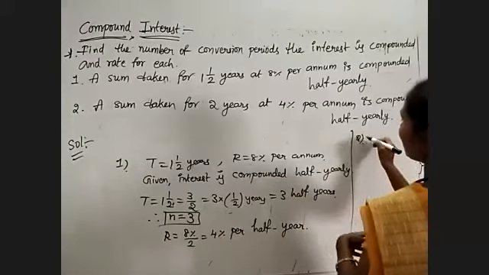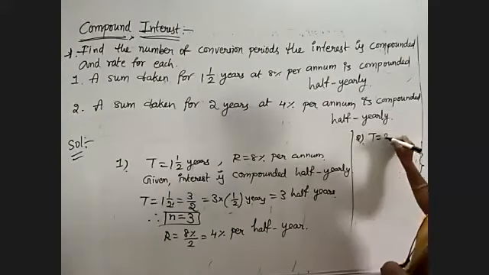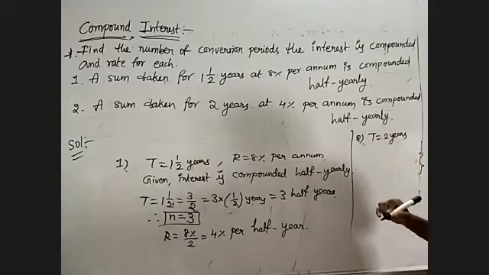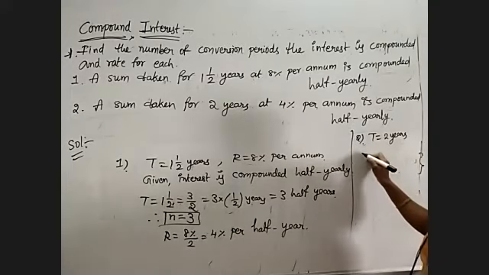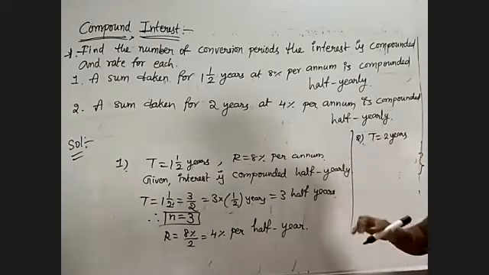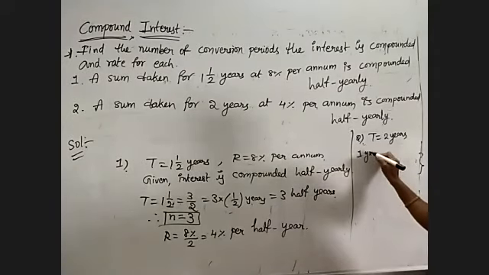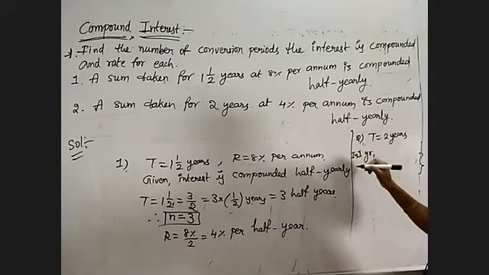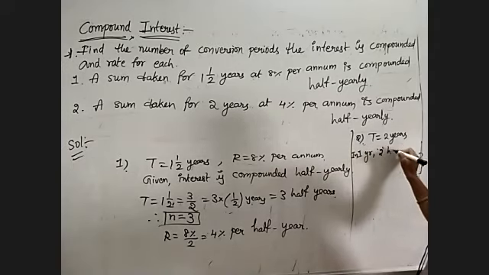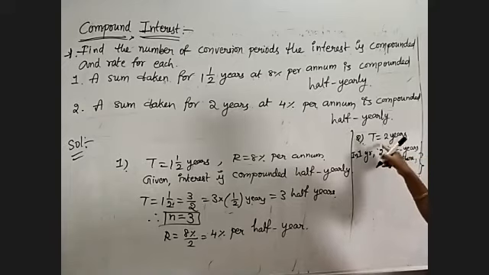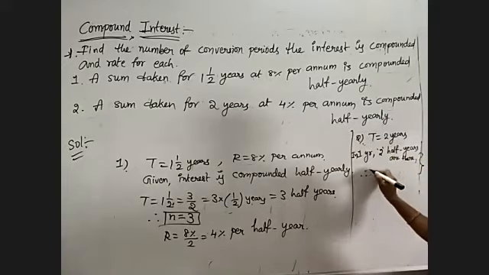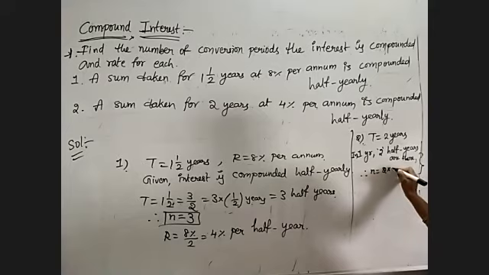For the second problem, T is equal to 2 years. In 1 year, 2 half years are there. Therefore, here time is 2 years. Therefore, number of conversion periods is equal to 2 into 2, which is equal to 4.